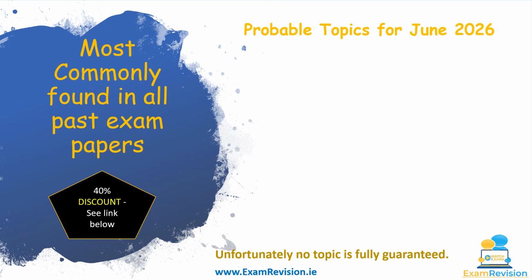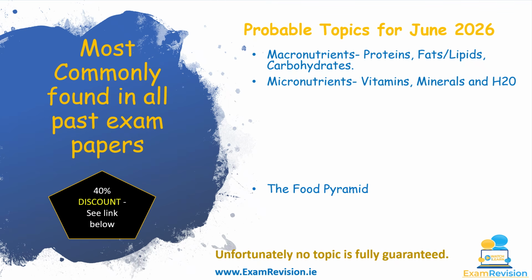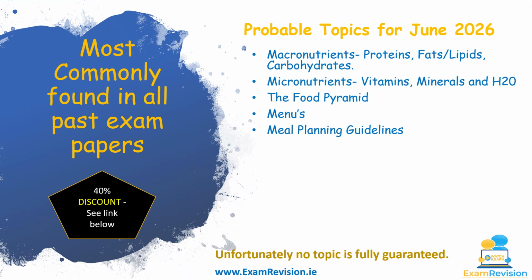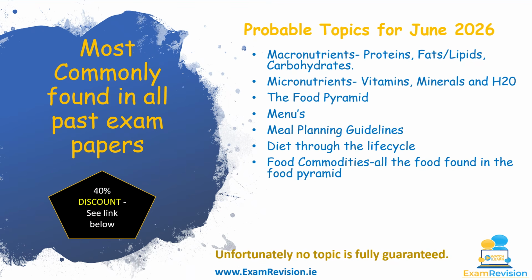So, probable topics for June 26th. Now, these are ones that have come up most routinely in past exam questions. So, they're not unfortunately guaranteed, but these are the key areas. Okay, so the likes of your macronutrients can come up in part A and B of the exam, your micronutrients, food pyramid, menus, meal planning guidelines, diet through the life cycle, food commodities.